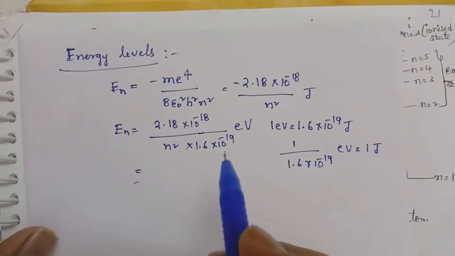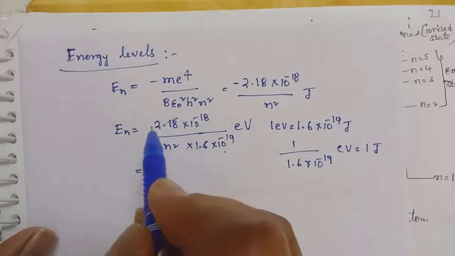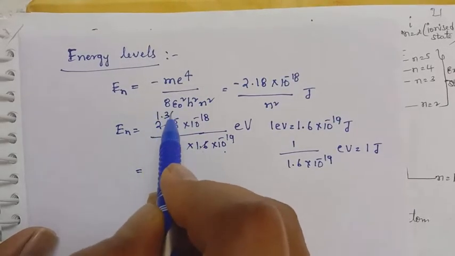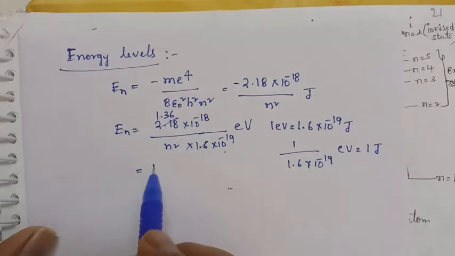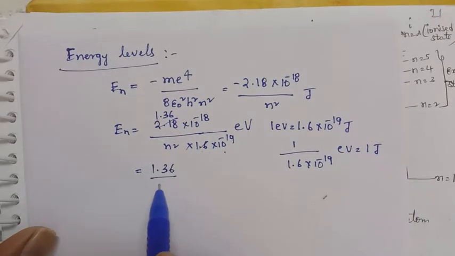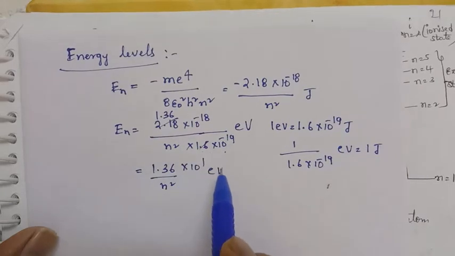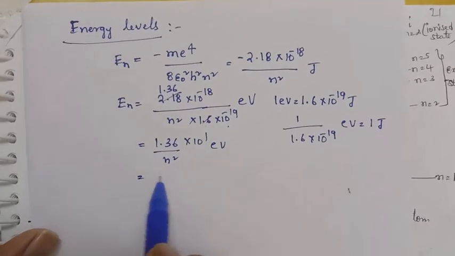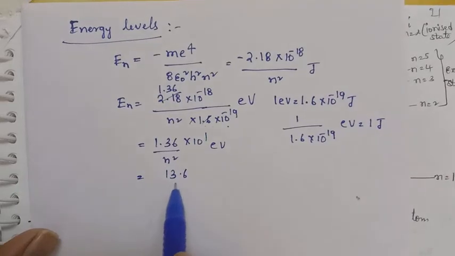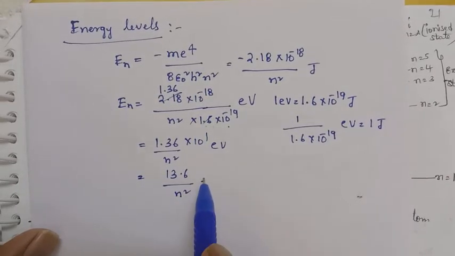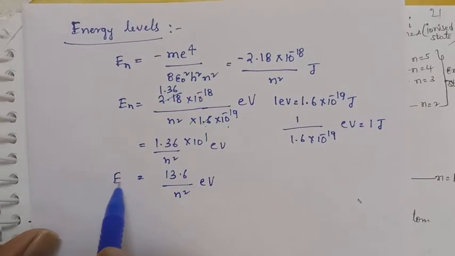Then 1.6 cancels, giving 1.36 upon n square into 10 to the power of 1 electrovolt, that is simply 13.6 by n square electrovolts is the En.